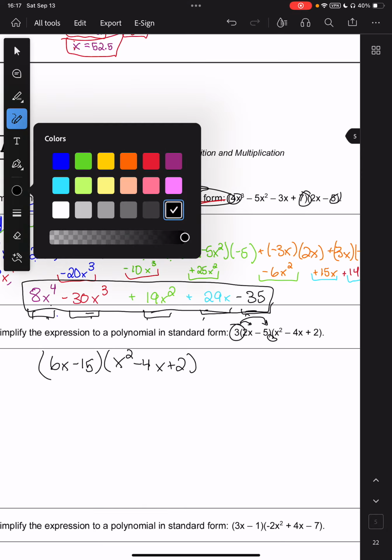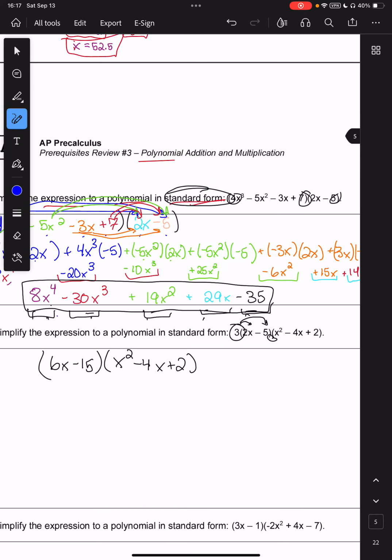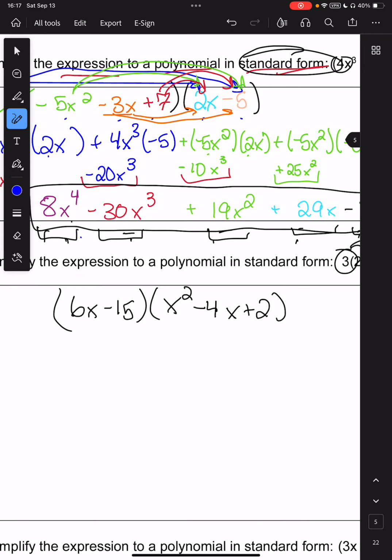So now we're going to do what we did above, and we're going to multiply out using the FOIL method with a little bit of an extra step because now it's a 2 by 3. So first let's multiply out our 6x. So 6x times x squared. And then we are going to multiply out our 6x again by negative 4x. And then finally our 6x again with our 2.